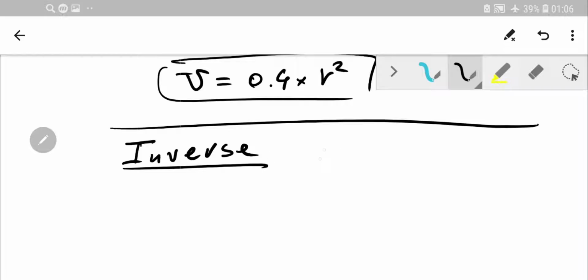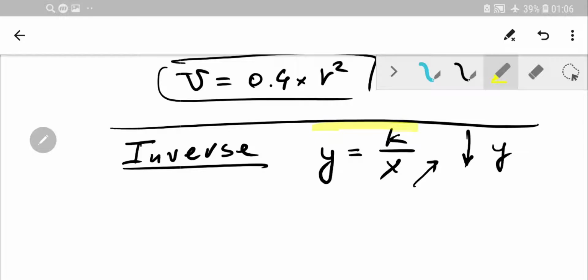So in this case, y should be inversely proportional to x. Inversely proportional means the greater the x, the lower the fraction, and the lower the y, okay? So in this case, we need to use this formula for inverse proportion.